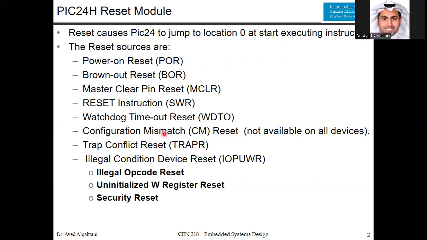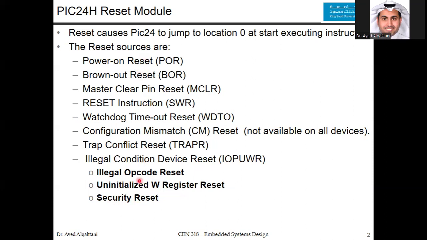We have the configuration mismatch, or the CM reset. It's not available in all the PIC24, only some of them. We have the trap conflict reset, which is the trap reset, and the illegal condition device reset, the IOPUWR. That's in case we have an illegal condition that could be an illegal opcode, or an uninitialized one of the working registers, and the security reset.